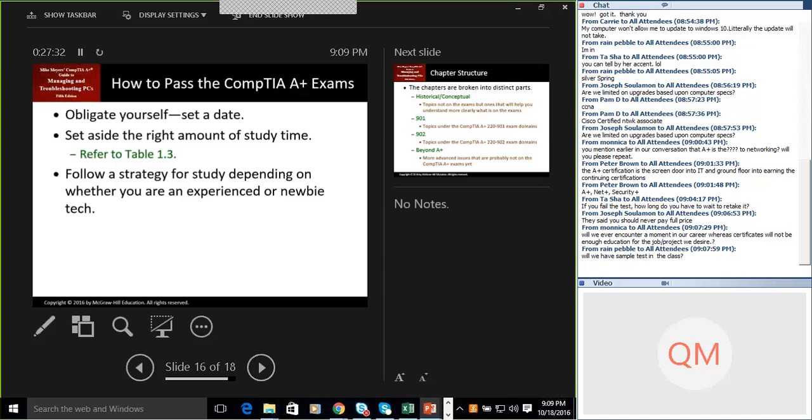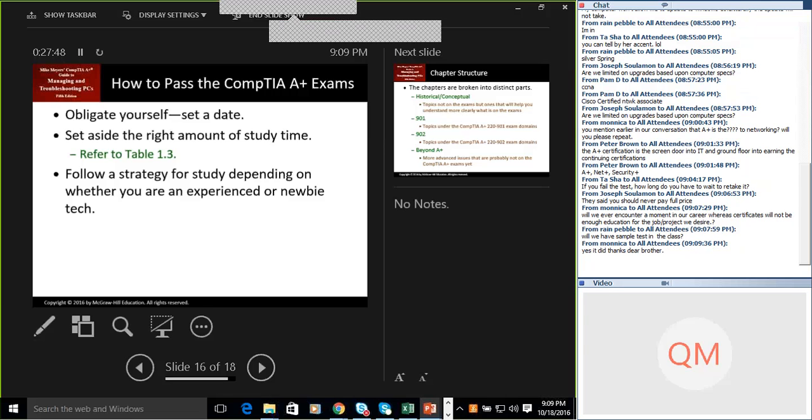Carrie, all of this is in the book, and we'll make sure you have an electronic copy, the PDF version of the book. These slides correspond to the chapters in the book. This is all from chapter 1.